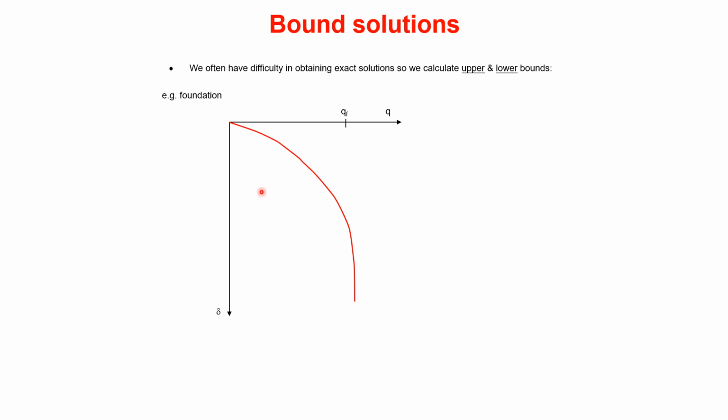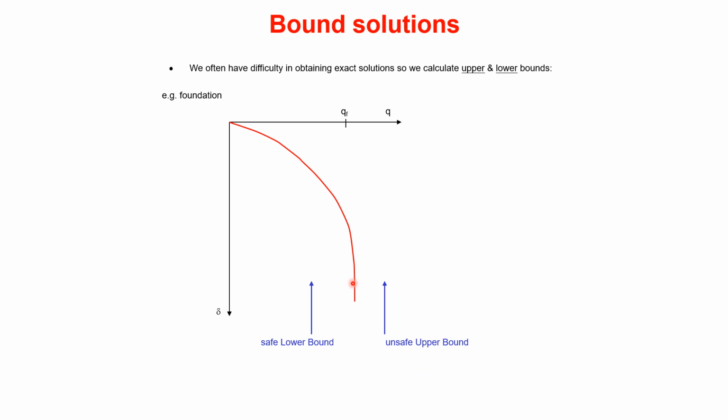So for a foundation, if I push my foundation into the ground, I might get some sort of load deflection curve like this. And we want to find some sort of failure stress like this, or failure load somewhere in that region. We will calculate a safe lower bound, an answer that we know is safe and we know is below the true answer.